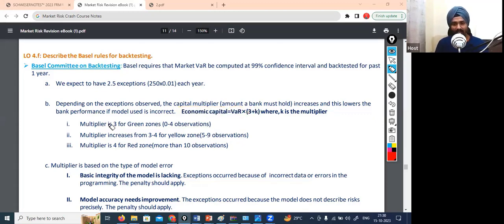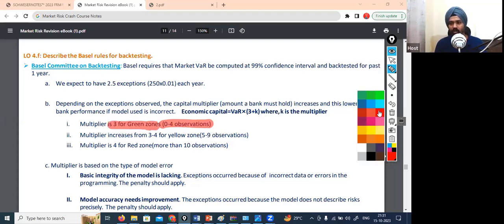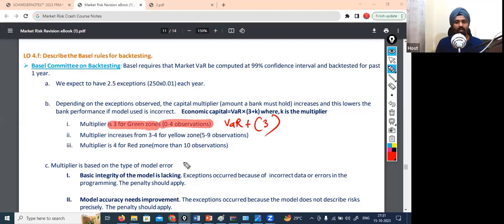So if you have 0 to 4 exceptions, you are in the green zone and the multiplier is going to be 3. That means K would be 0. So whatever your VaR is, plus 3, no K. Then the multiplier will increase from 3 to 4. So it's going to be within 3 to 4.